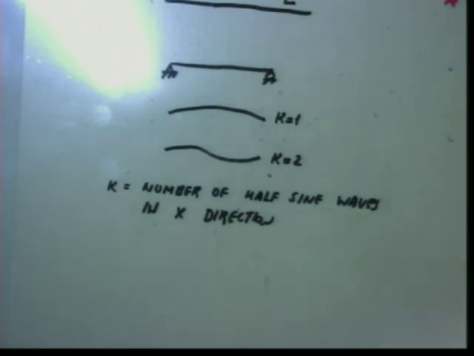K is the number of half sine waves in the x direction. Remember, we got alpha L equals k times pi. So this k is not just a positive integer. It signifies something very important, this k. It signifies the number of sine half waves in the x direction.